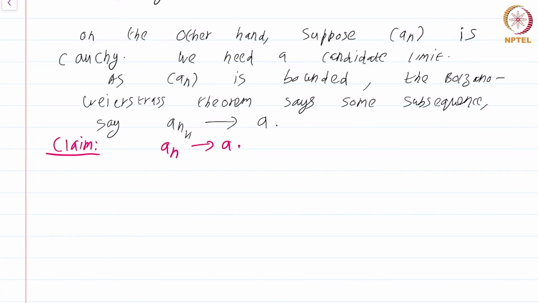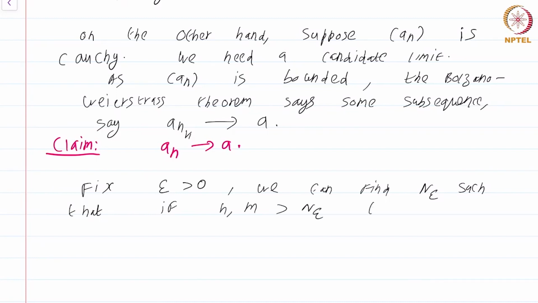So fix epsilon greater than 0. We have to find a candidate N epsilon. What we do is we can find N epsilon such that if n, m are greater than N epsilon, then |a_n - a_m| is less than epsilon.